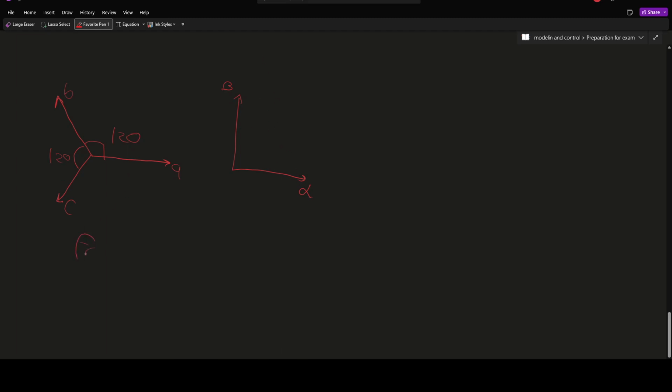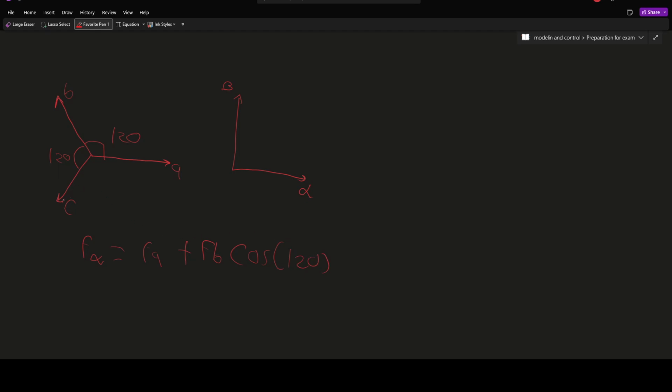So if we want to represent this into the alpha reference frame, we know that the phasor A is already in the same frame as alpha, so this is just going to be the phasor A. And now we have this phasor B, and we want to move it projected into alpha, so we multiply by cos of 120.